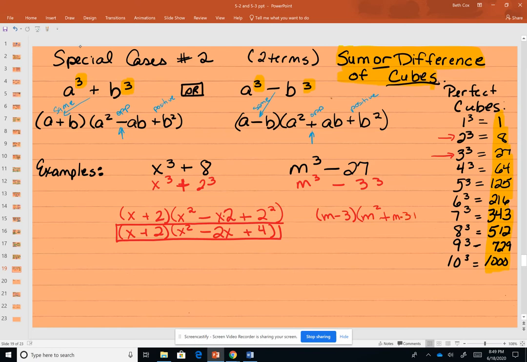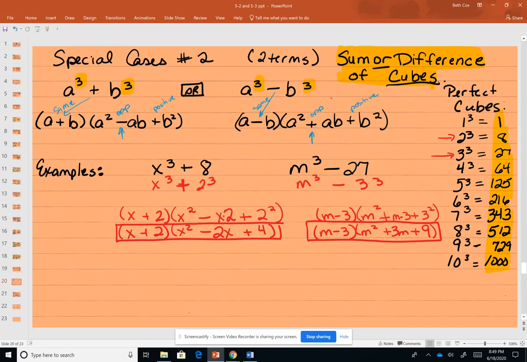Then another plus, and 3 to the second. So that's m minus 3, times m to the second. Normally when we do m times 3, we write 3m, and 3 to the second we can change to 9. And that's it. Just follow the pattern.